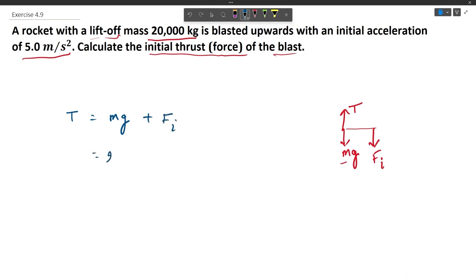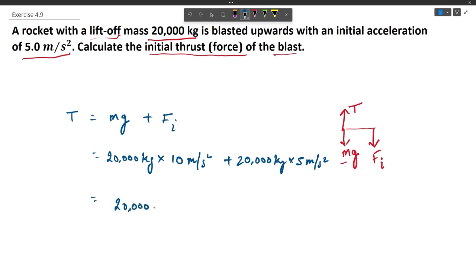And that would be represented as 20,000 kilogram times 10 meter per second square, plus inertia force would be 20,000 kilogram multiplied by 5 meter per second square, and that would be equal to 20,000 multiplied by 15 Newton, that would be equal to 3 multiplied by 10 raised to the power 5 Newton.